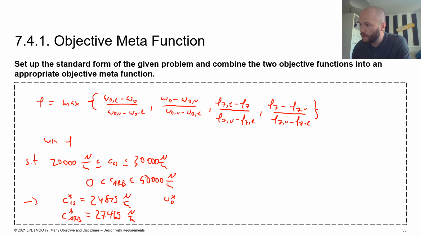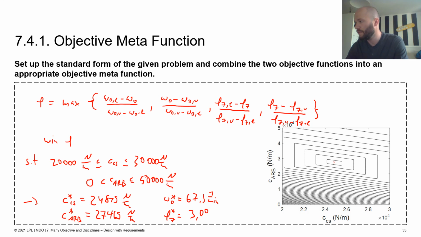So for the eigenfrequency, we end up with the following. And for the angle, it's 3 degrees. And we can also have a look at how the contour plots look. So here we have the contour plots for the given problem, and also with our final design in the middle of the contour plots.